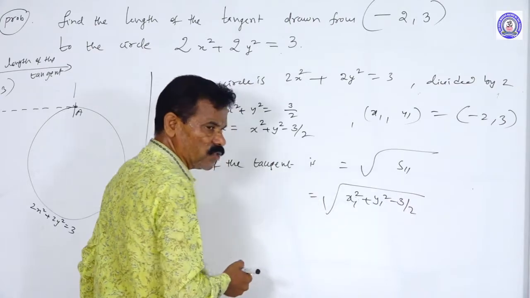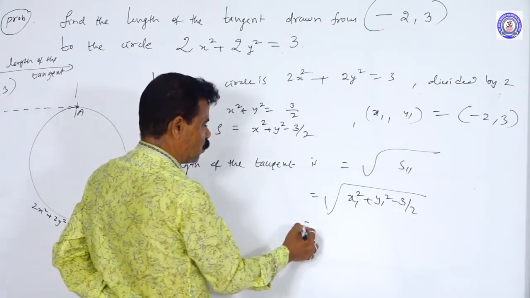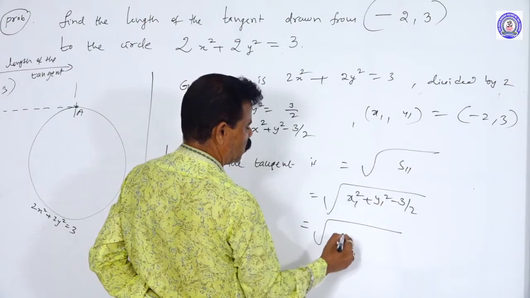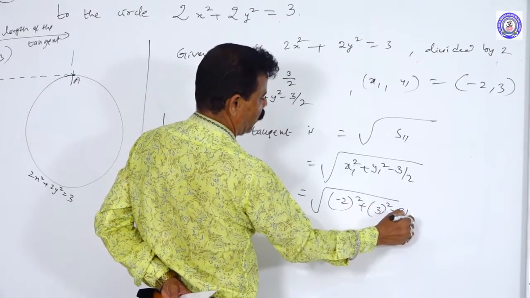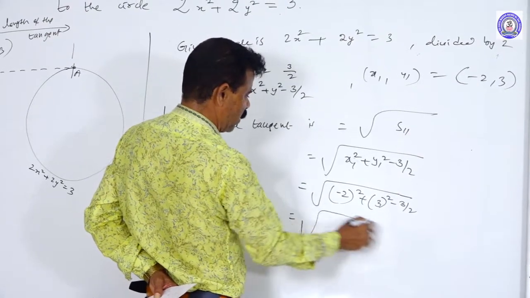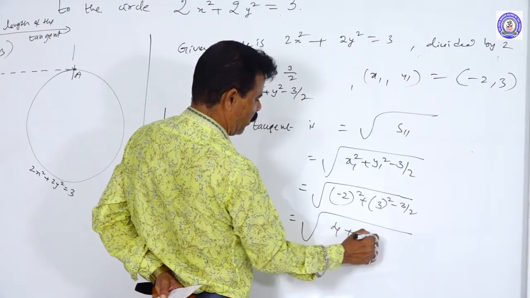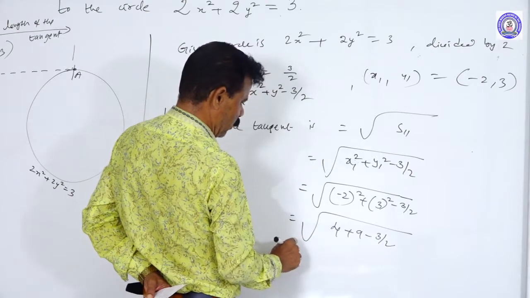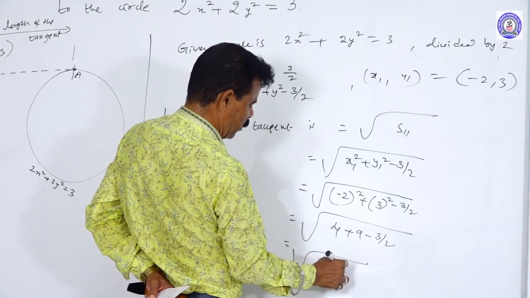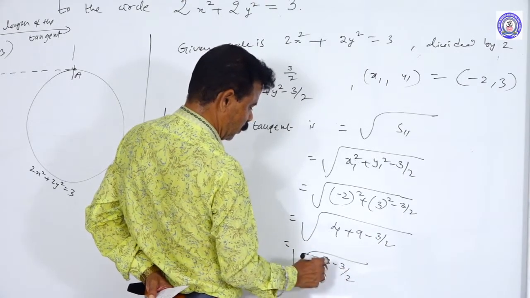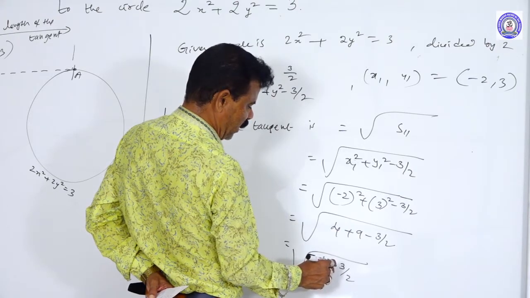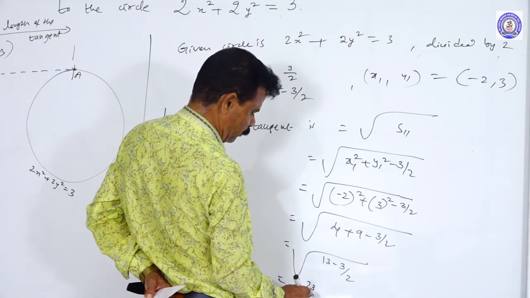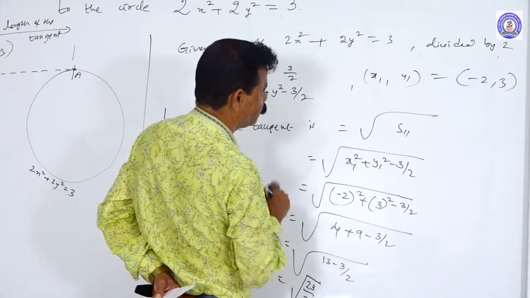This is S11. So (−2)² + 3² − 3/2. On squaring, it is 4 + 9 − 3/2, which is 13 − 3/2, that is 26 − 3 = 23/2. Then the length of the tangent is the root of this.